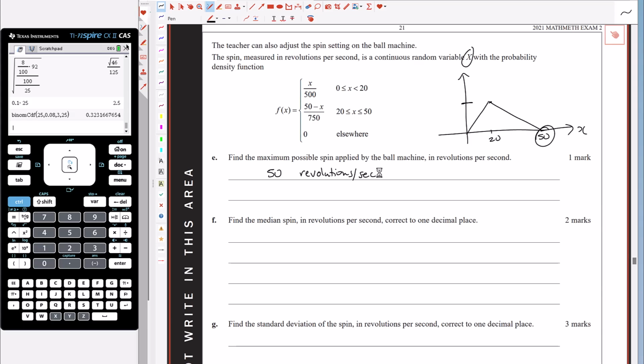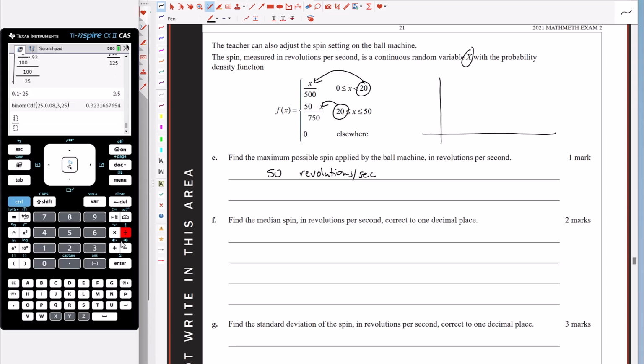Okay, so now we need to work out where we get half the area from. Okay, so I'm just drawing a really rough sketch of that, but I'm going to get that a little bit more precisely. So when x equals 20, if I put 20 into that, I get 20 on 500, sorry, which is 2 on 50, which is 1 on 25. And then if I also put 20 into that, I'm going to get, let me just work that out, 50 minus 20 on 750.